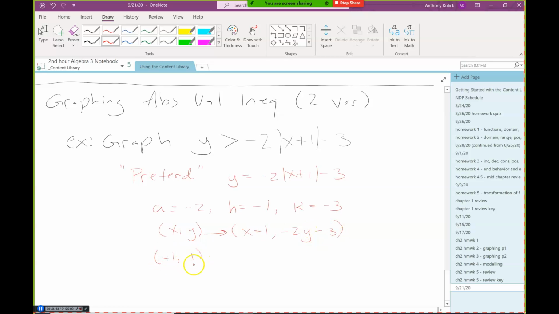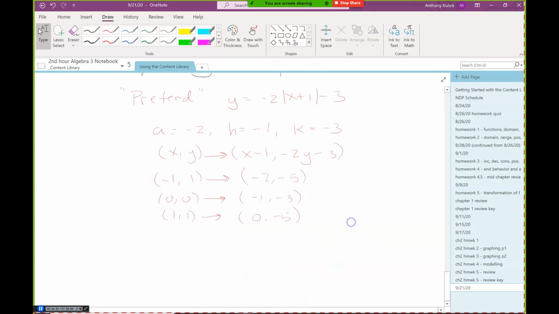And then I transform my same three key points. Points I get: -2, -5, -1, -3, and then 0, -5. And then I'm going to plot these three new points.